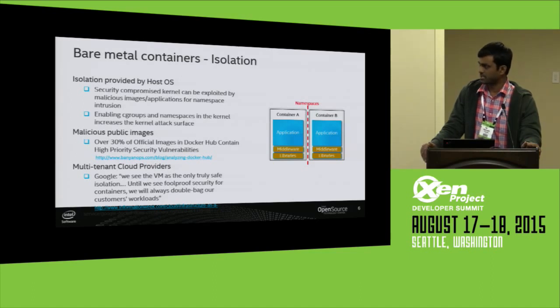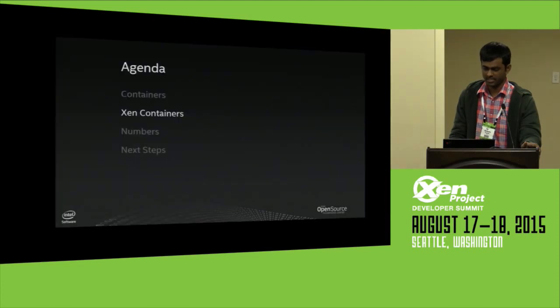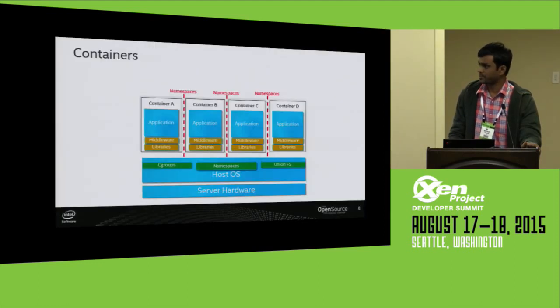He says that for data center use cases, for now they trust only VMs as a solution for isolation. So it looks like we need a better solution for isolation, and that would definitely be using VMs.